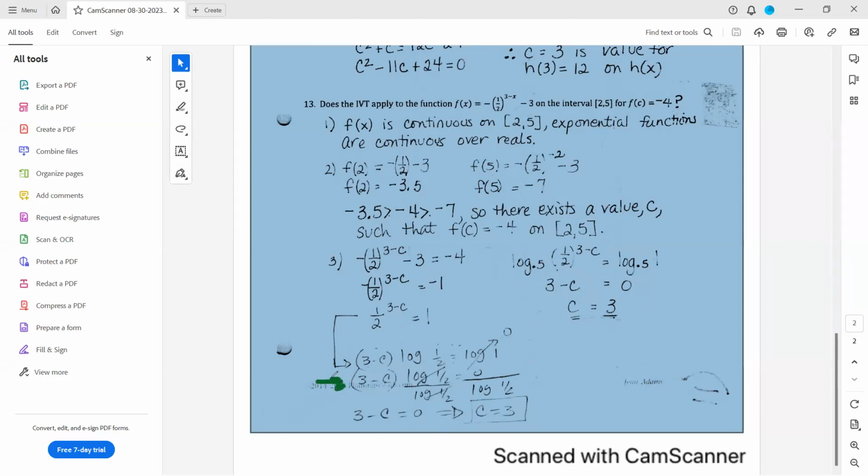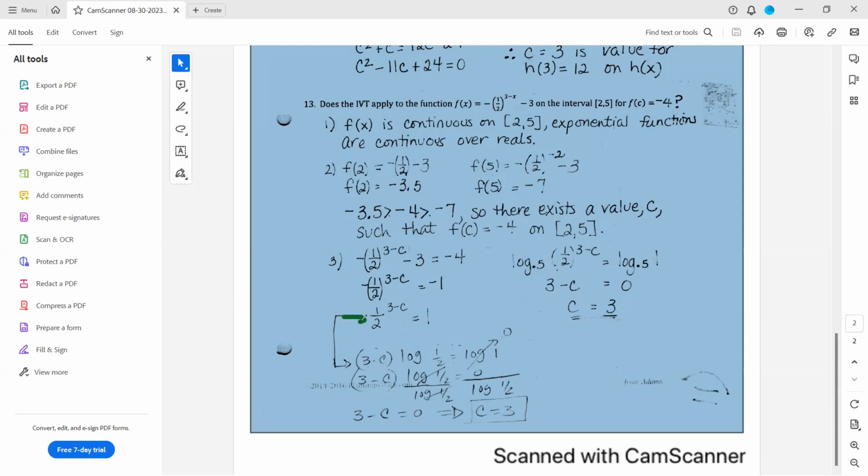Okay. Log of 0.5 right there. See it? Uh-huh. Log of 0.5, and then you have, actually, I take that back. She started from, my apologies, she started from this step, but she took the log of both sides. So here, she's starting from here.